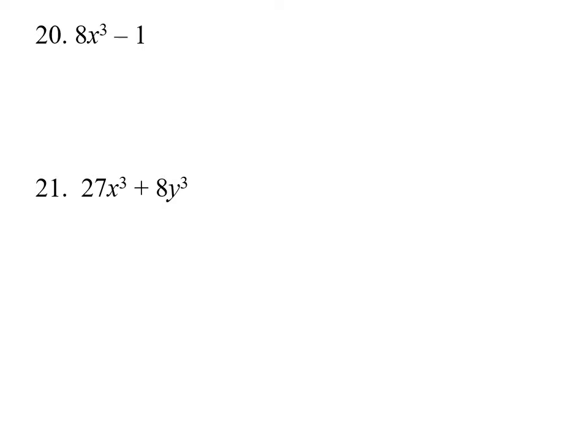The 8x cubed minus 1, so that would be your rule for the a cubed minus b cubed, or that becomes a minus b times a squared plus ab plus b squared. So if I rewrote that with cubes on it, this would be 2 cubed x cubed minus 1 cubed. 2 cubed is 8, 2 times 2 times 2.